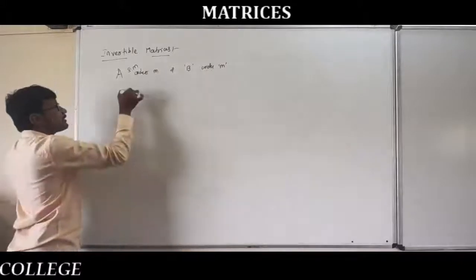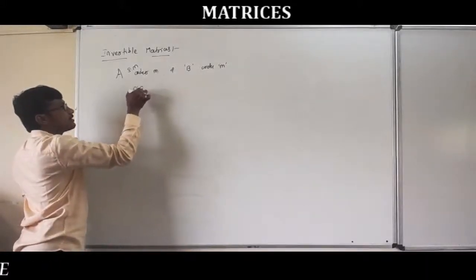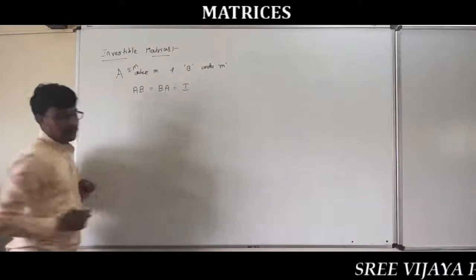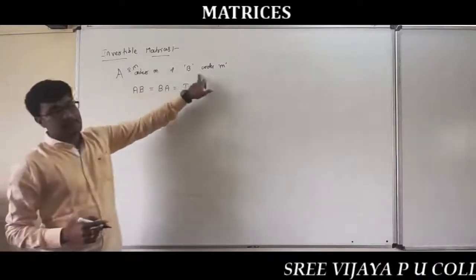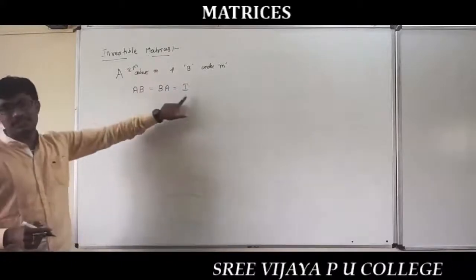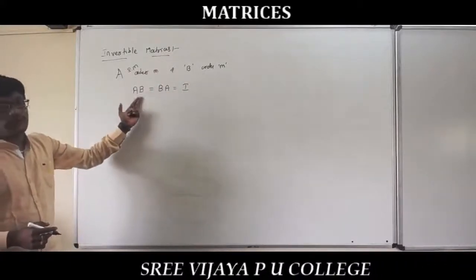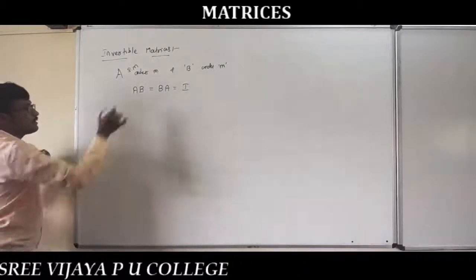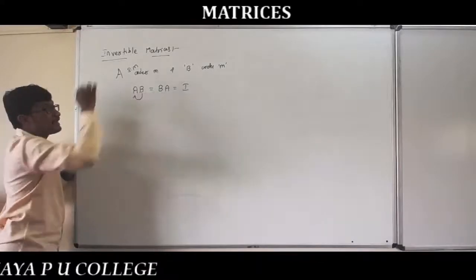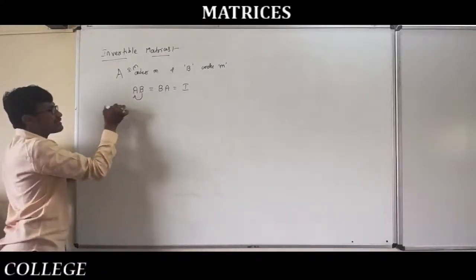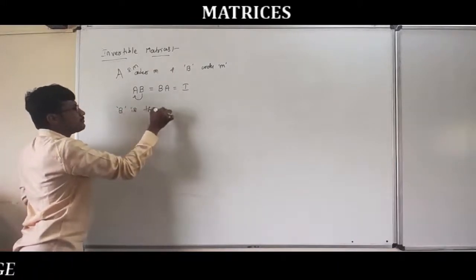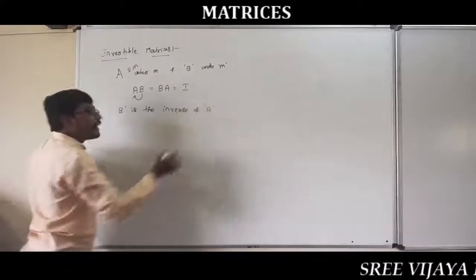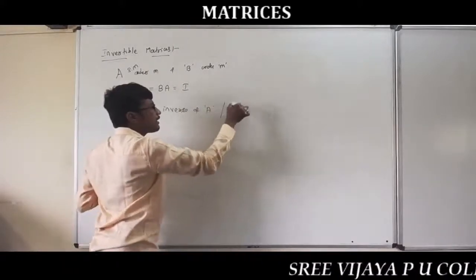Such that they satisfy the condition AB equals BA equals I. So for matrix A and matrix B, if you multiply A and B or B and A, both answers will be equal to the identity matrix, then we can say that B is the inverse of A.